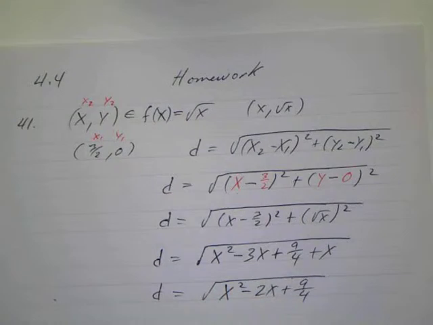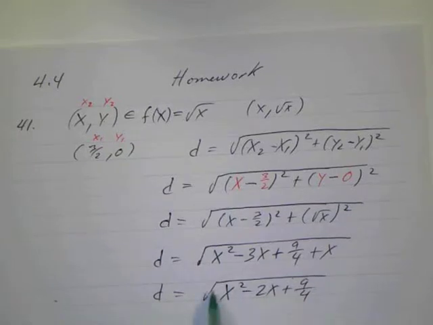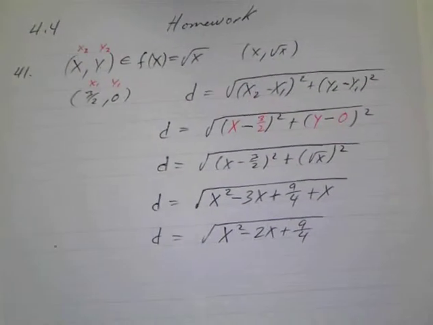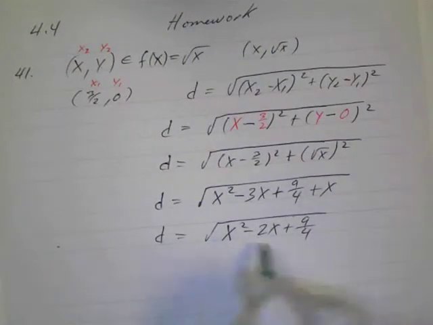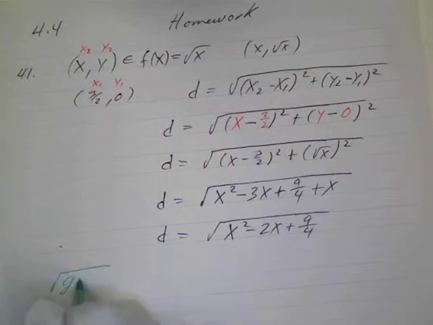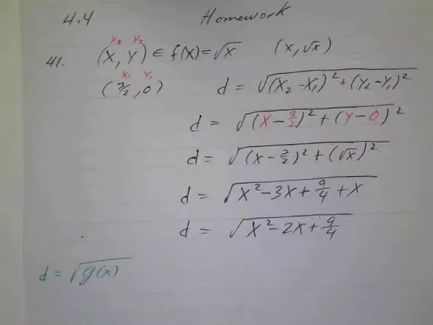Now, we talked about this before, that if we can minimize the radicand, we minimize the radical, because the square root is a monotonic function. So if the radicand gets smaller, the square root of that gets smaller. So we're going to come up with this new function, I just call it g of x. Now this is the inside here, so this is actually the square of the distance, because the square root of g of x equals the distance.